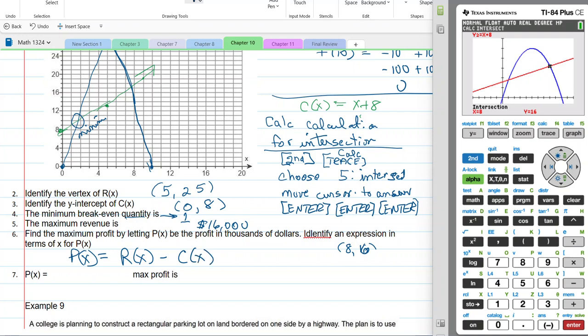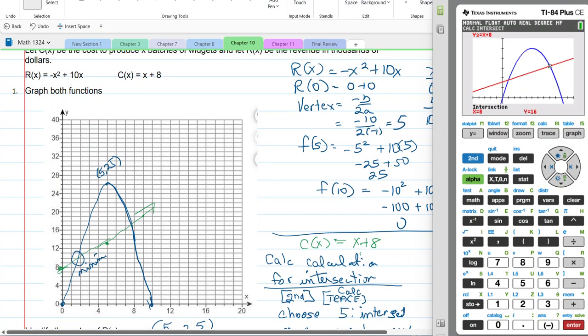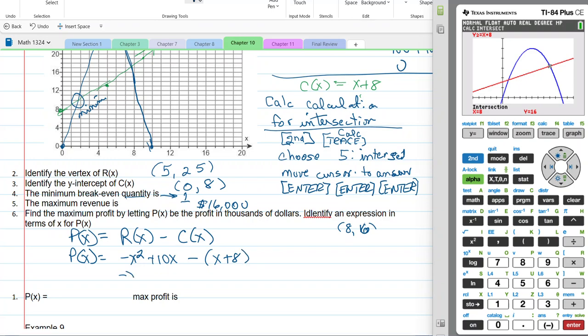Let's do a little bit of math, not anything serious. P of X is equal to negative X squared plus 10X, minus X plus 8. That is negative X squared plus 10X minus X minus 8.